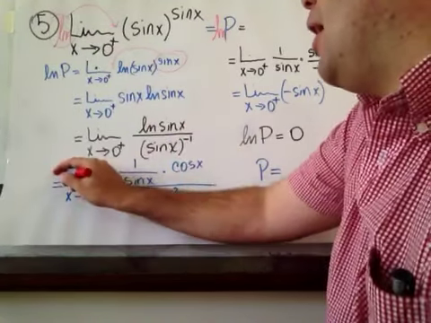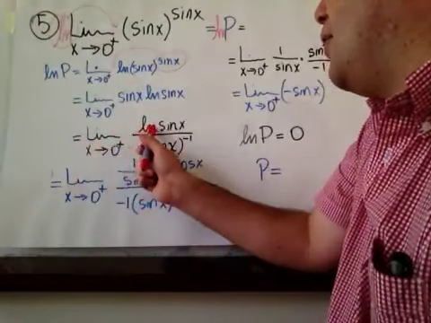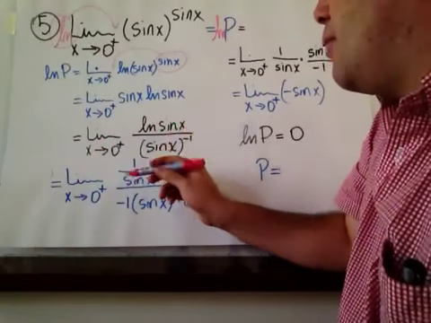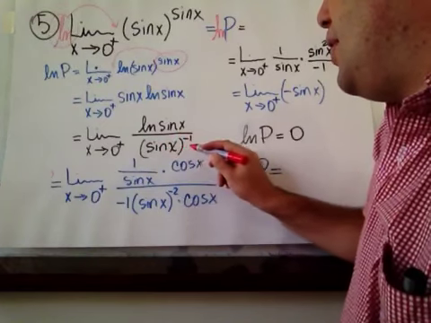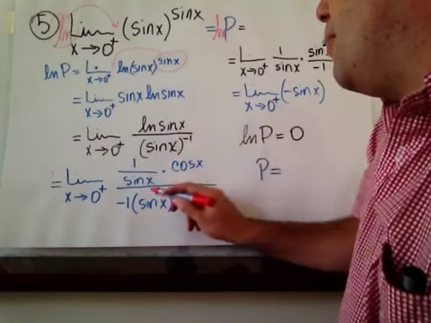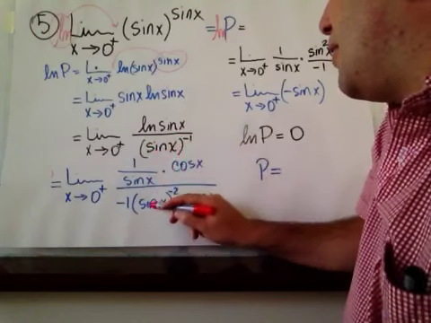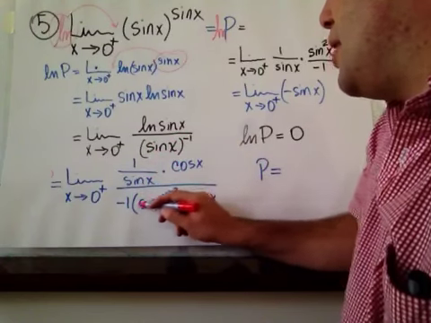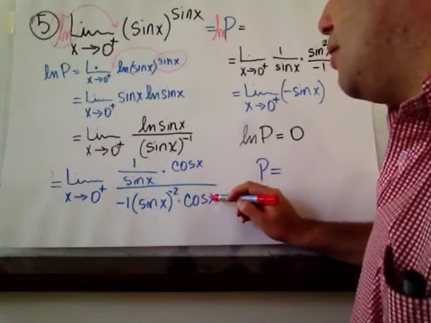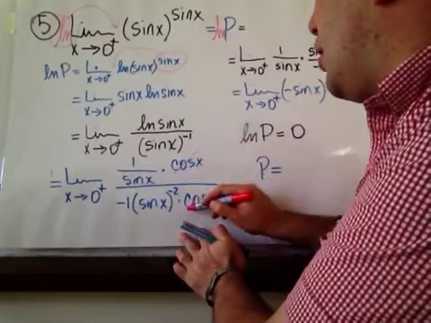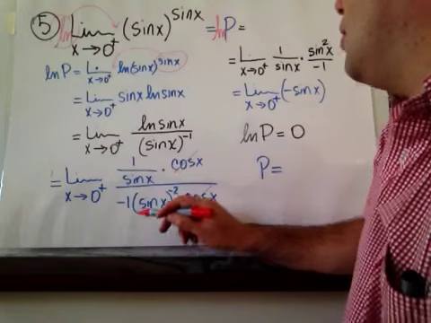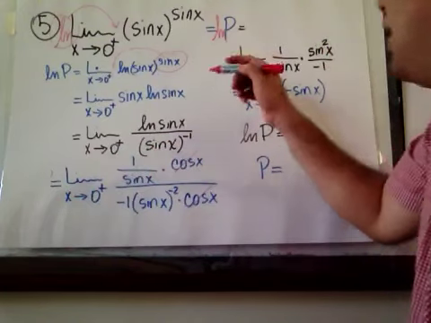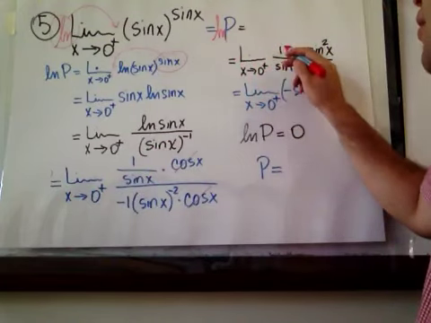Okay, I'm going to apply L'Hopital's rule. Derivative of the natural logarithm of sine is 1 over sine times cosine. Derivative of the denominator is, well, negative 1 times x to the negative 2. You can simplify by canceling. So this limit is the limit as x approaches 0 of negative x squared over sine.